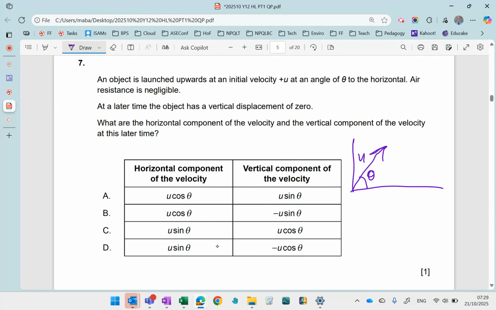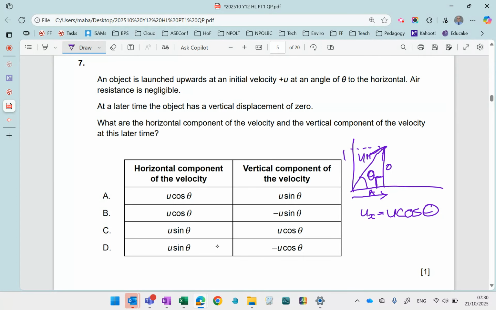If we look at the horizontal component, Ux is going to be U cos theta. Why? Because that's a right angle triangle: you've got the adjacent here, this is the hypotenuse, and this is the opposite. So it's just resolving that vector.